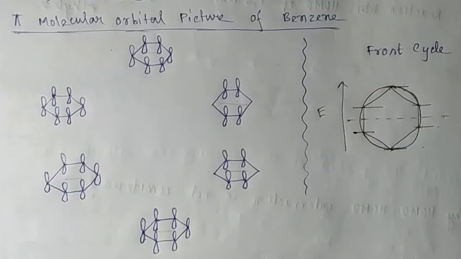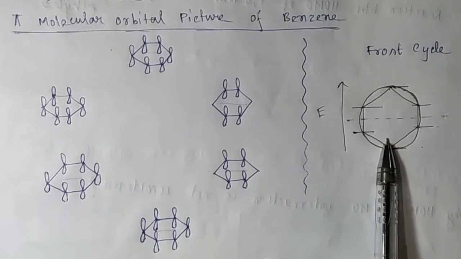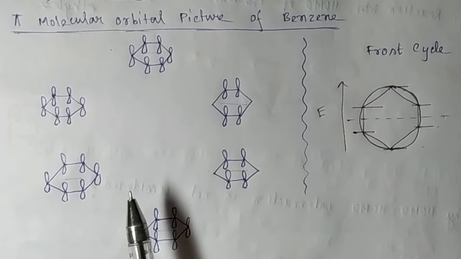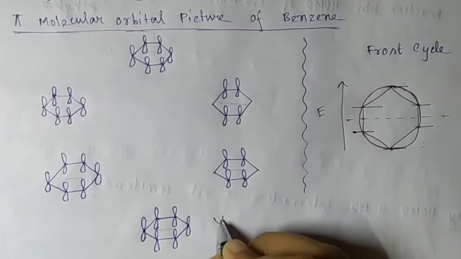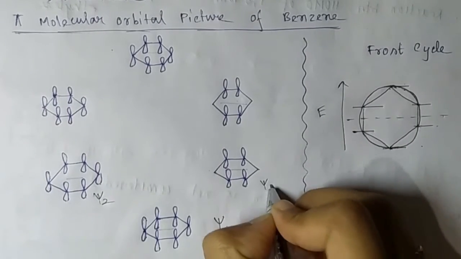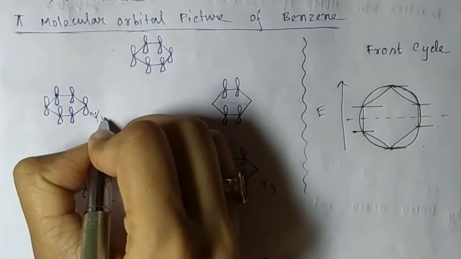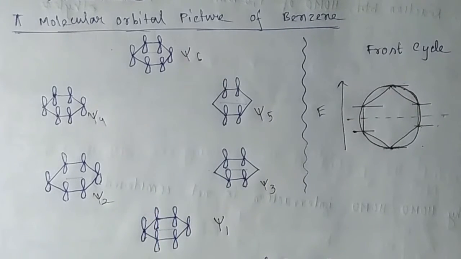On my left-hand side I have drawn the pi MOs of benzene, similar to these 6 horizontal lines. For benzene this will be psi 1, and this will be psi 2, psi 3, psi 4, psi 5, and this will be psi 6.